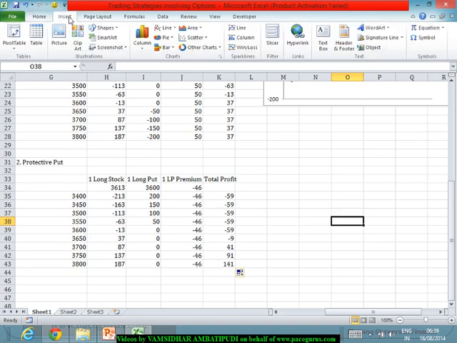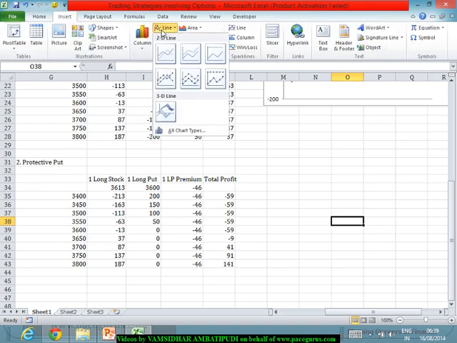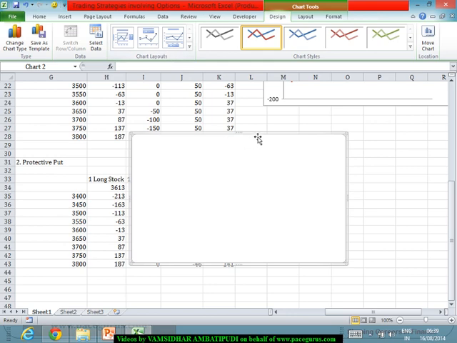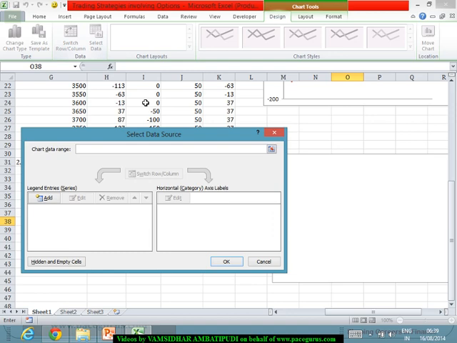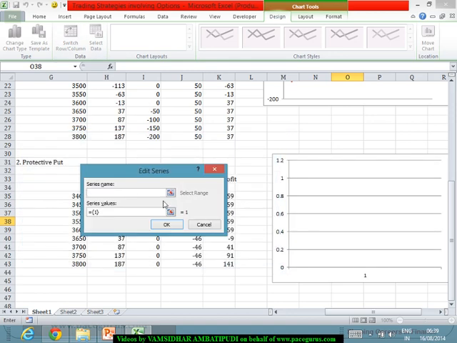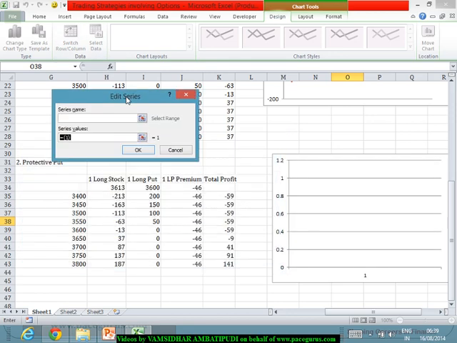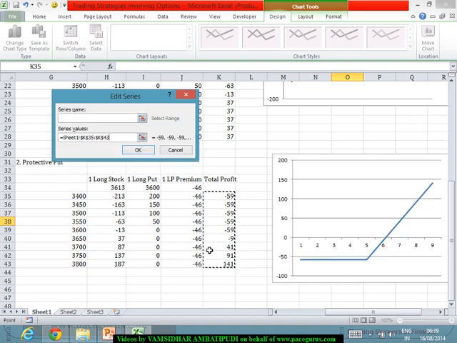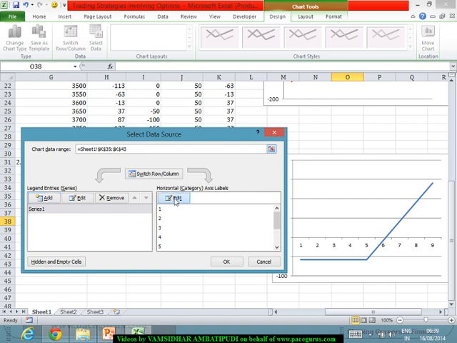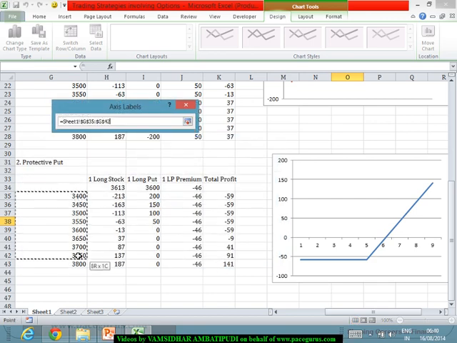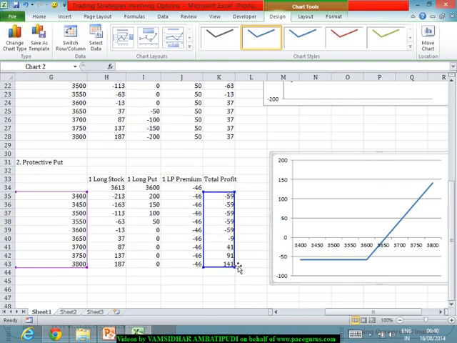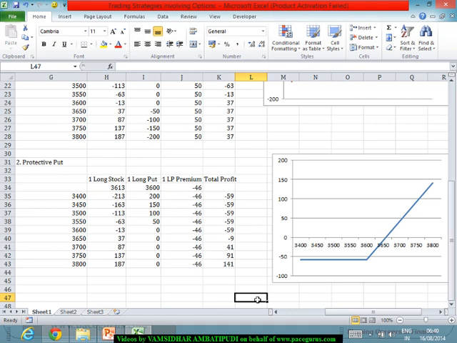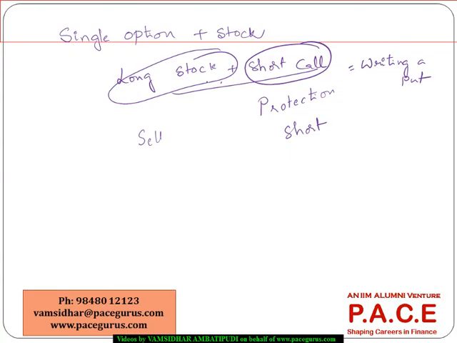If I put a simple chart to help understand the same flow, I could see that the profits follow a pattern for different market prices on the expiration date. So this is looking like a long call option position itself.